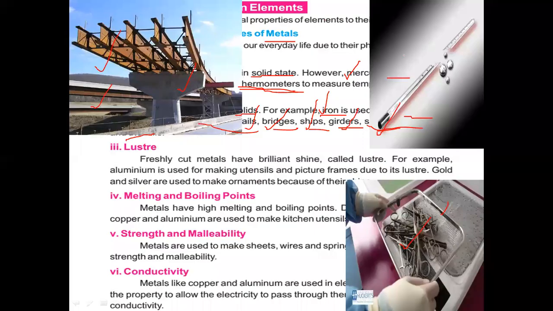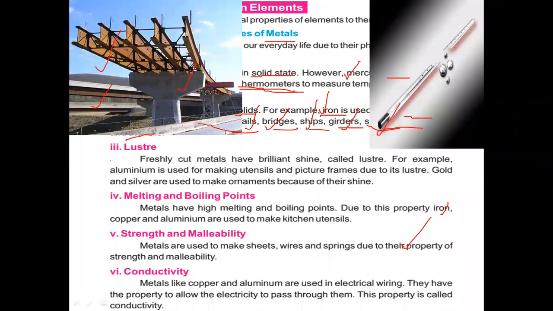Now we will see another property, that is luster. Luster means shine. Freshly cut metals have brilliant shine. That is called luster.